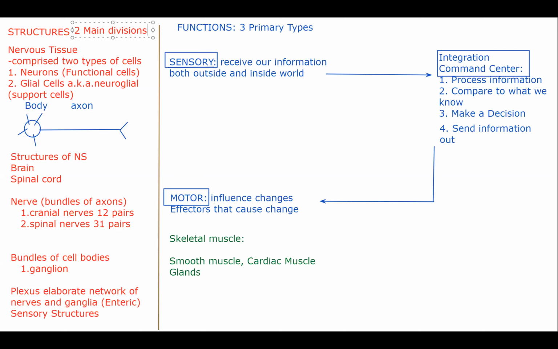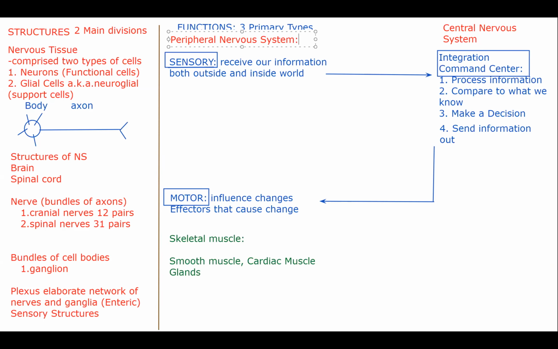So when we think about those two main divisions, we have our central nervous system, and it is our central nervous system that is responsible for making the decisions, for integrating information, for being that command center. And then we have the peripheral nervous system that is basically the pathways of information, our sensory information coming in and our motor information coming out.